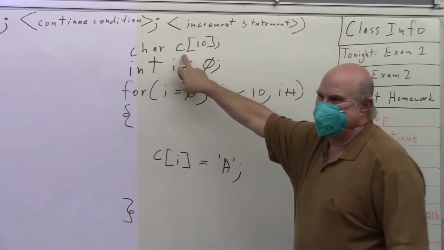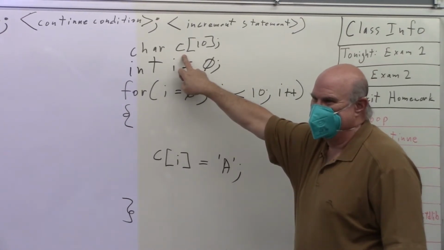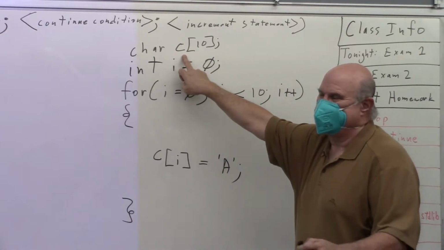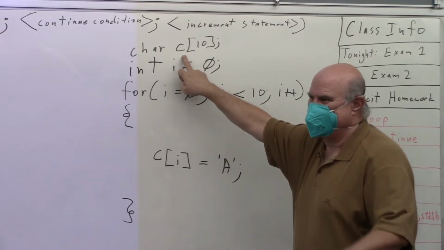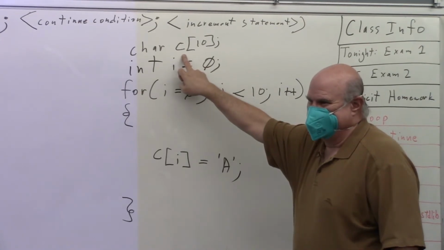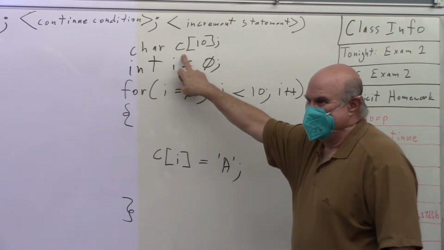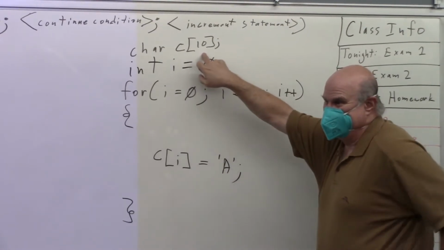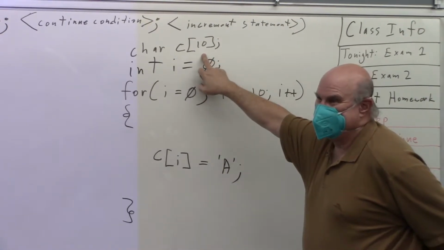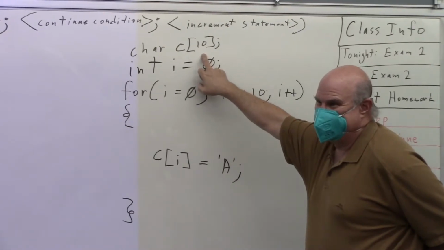What's the first index of the array C? What number index? What do all arrays start their index at? 0. Therefore, what is the highest index for this array C that has 10 entries? So 0 to 10? So the lowest index is 0 and the highest index is 10?